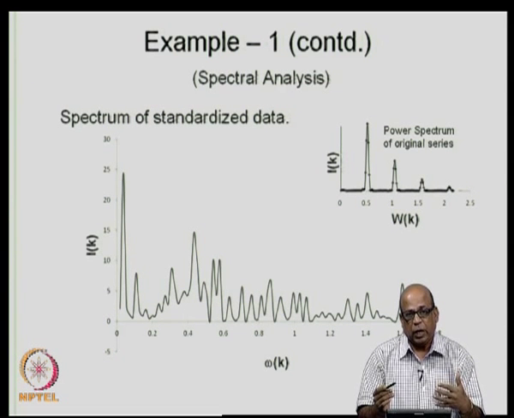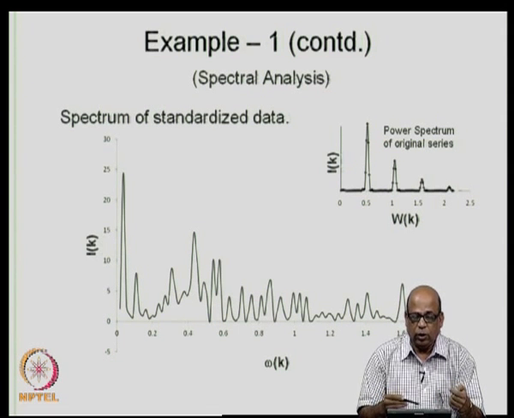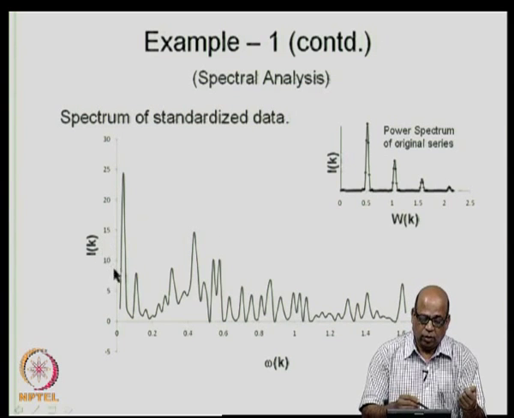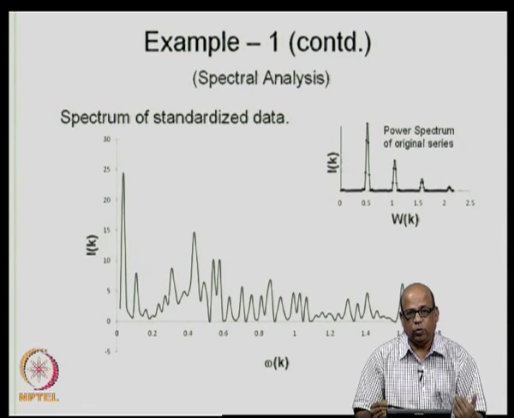The information content in the time series comes to the surface through all these analyses, through the correlogram, the power spectrum and so on. What we have just examined is that the periodicities that showed up significantly in the original time series have been removed by standardization. So, standardization is one way of removing the periodicities.